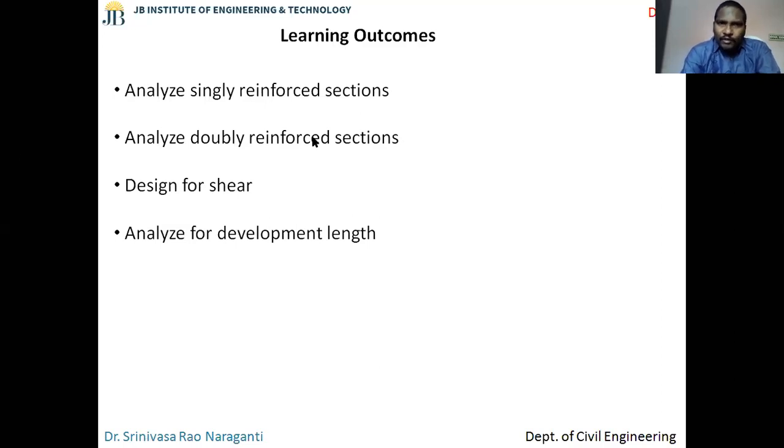Similarly, we'll understand the doubly reinforced section and analyze some doubly reinforced sections, in the sense of how to find the area of reinforcement and the moment of resistance of a given doubly reinforced section. Then we'll also design for shear today. We'll see how to design for shear, what the steps involved are, and we'll solve a numerical problem on that. And finally, we'll discuss development length or anchorage length, why that is required and how to compute it. So these are the topics for today.